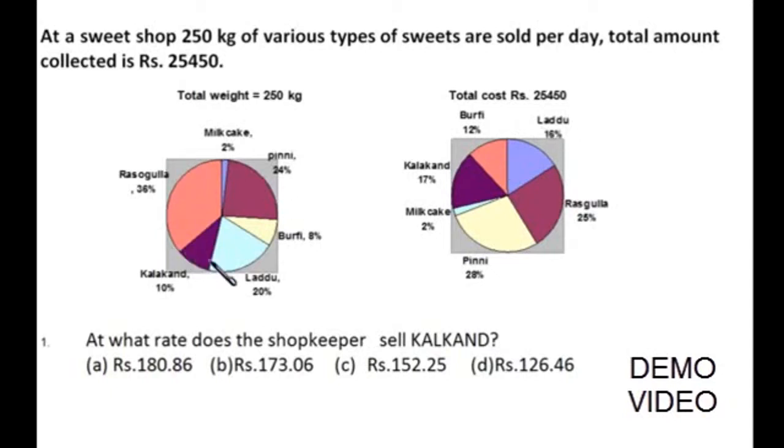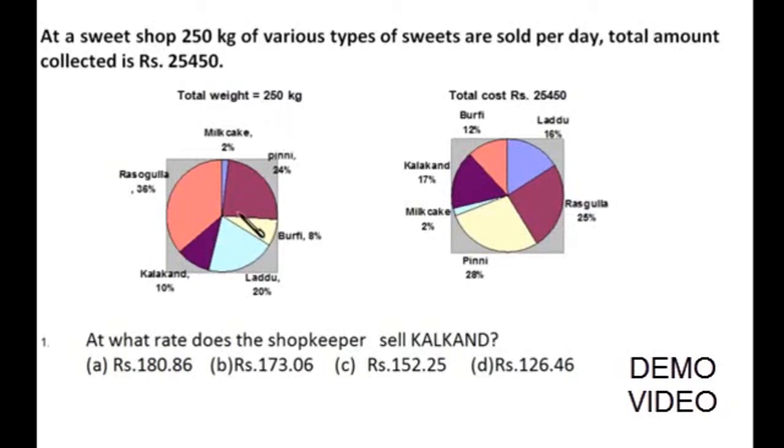Now what exactly is this data showing, right? See, out of total weight 250 kilogram, 2% was milk cake, 24% was pinni, 8% was burfi, laddu was 20%, kalakand was 10%, and rasgulla was 36%, right? That is the total of all this is 250 kilogram, right?